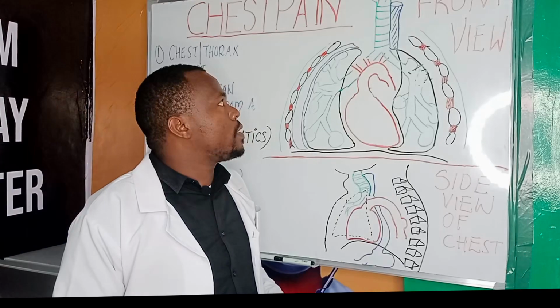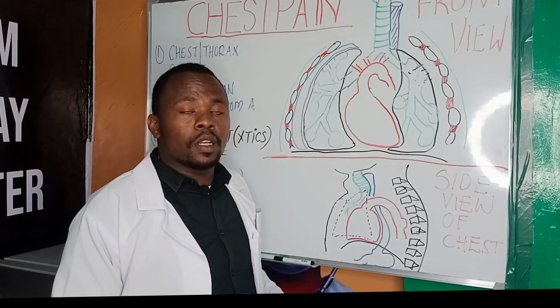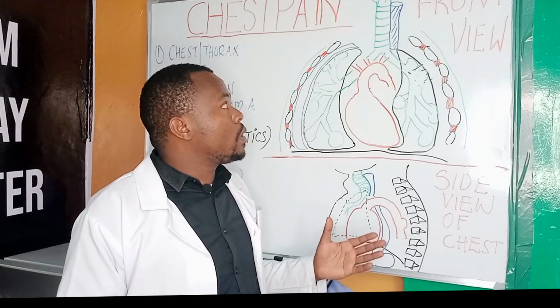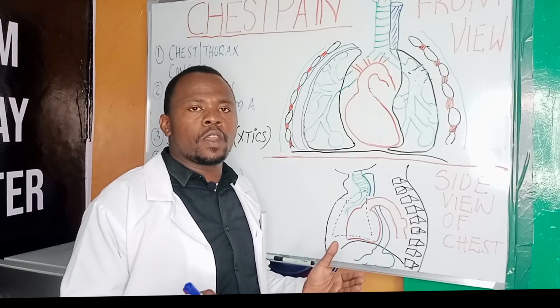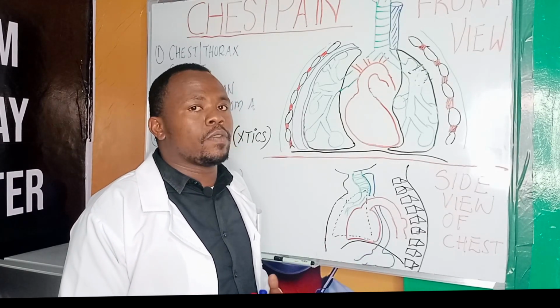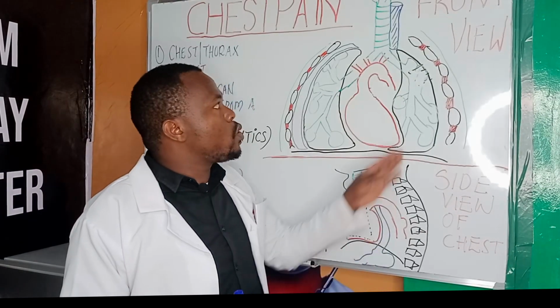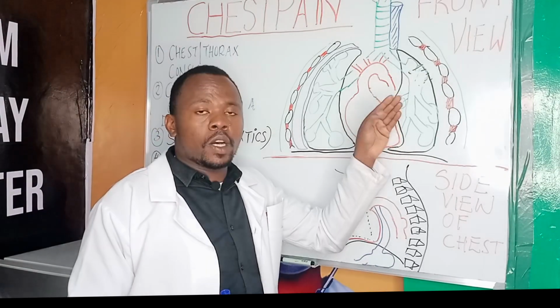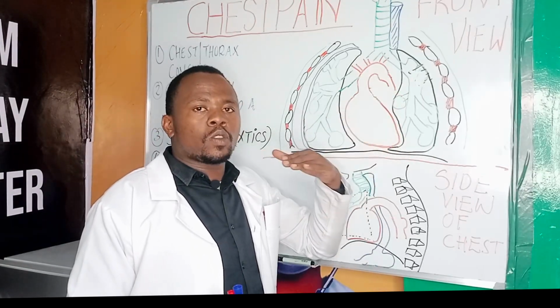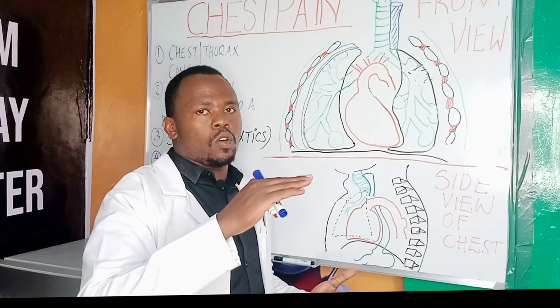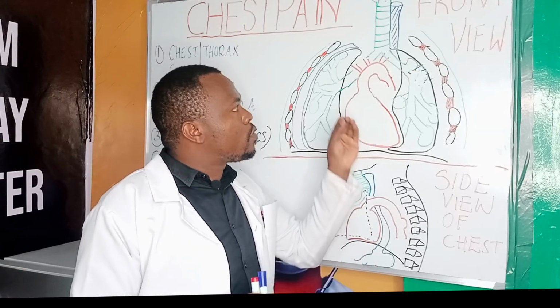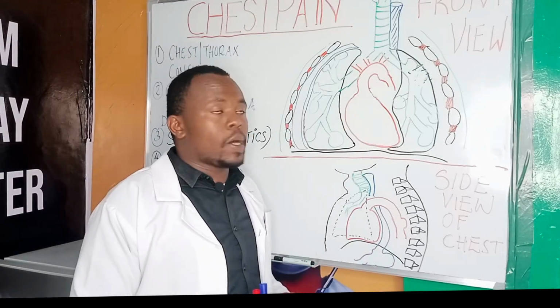Also, we may have other reasons that can result in chest pain, which fall under the category of the digestive system. You have seen that the food pipe, or the esophagus, passes through. The esophagus connects the throat to the stomach. So food has to pass through the esophagus to reach the stomach.